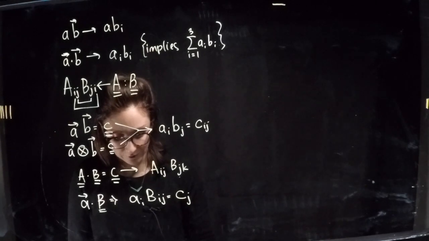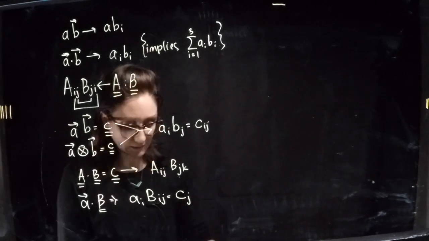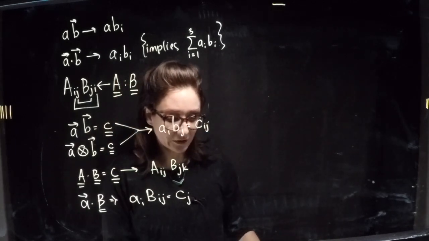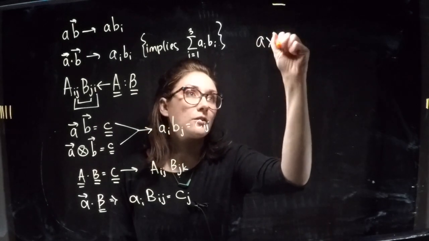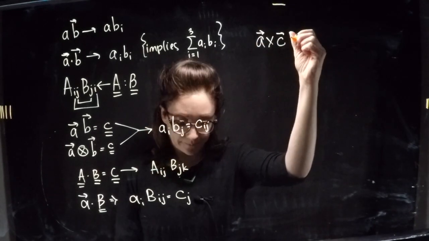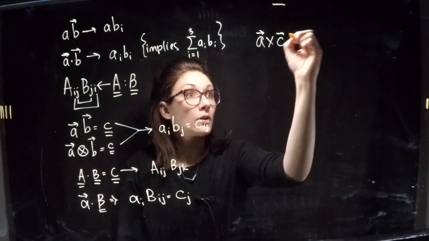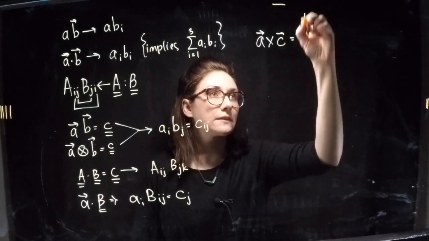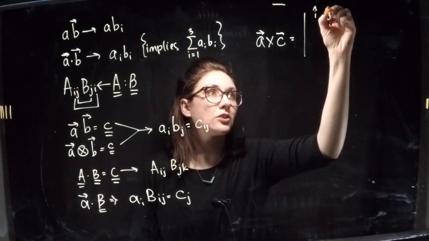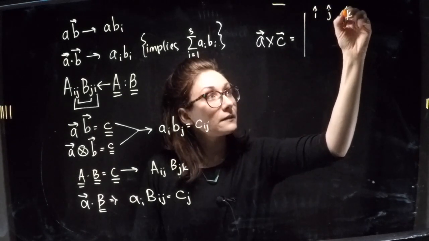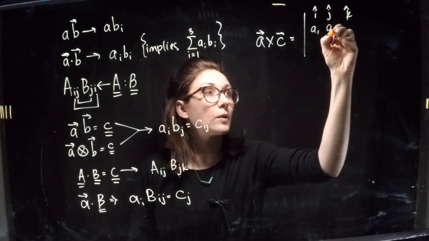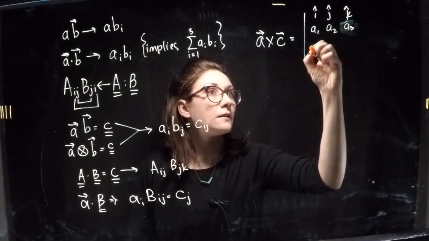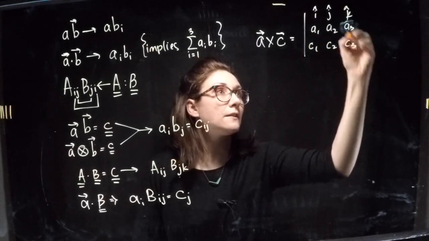Now, we also have the cross product. And this is the one that uses that alternating unit tensor that I explained a little earlier. So if we have our cross product A cross C, many of you are probably used to writing this as a determinant where you have i hat, j hat, k hat, and then your components A1, A2, A3, and then C1, C2, C3.